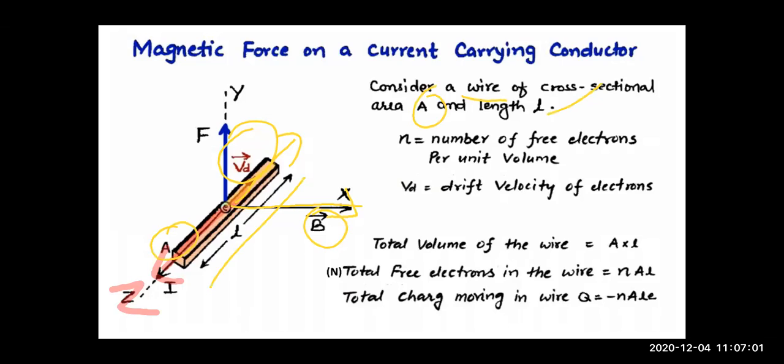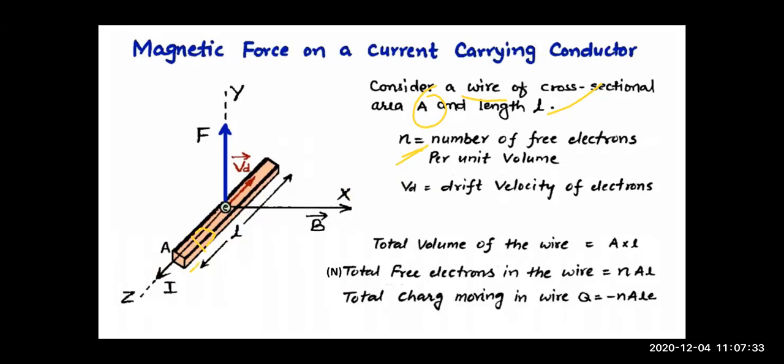This much clear? Okay. Now, the number of free electrons per unit volume means, children, in this wire, if we select one small cubic volume, we take a small cube. In that cube, beta, if I say there are n number of free electrons, then what is the total volume of the wire?